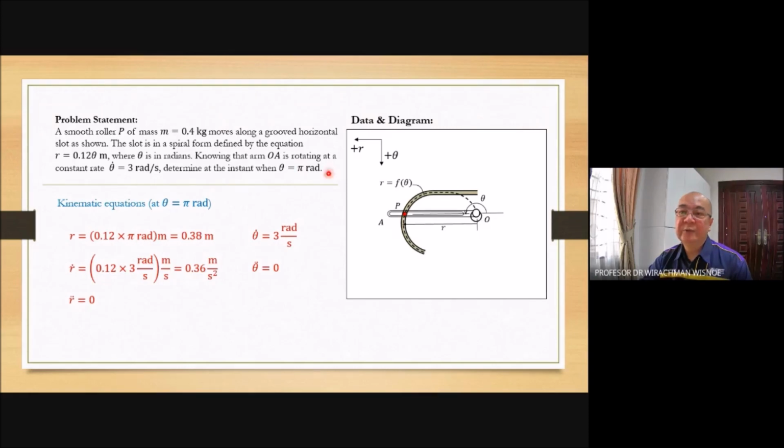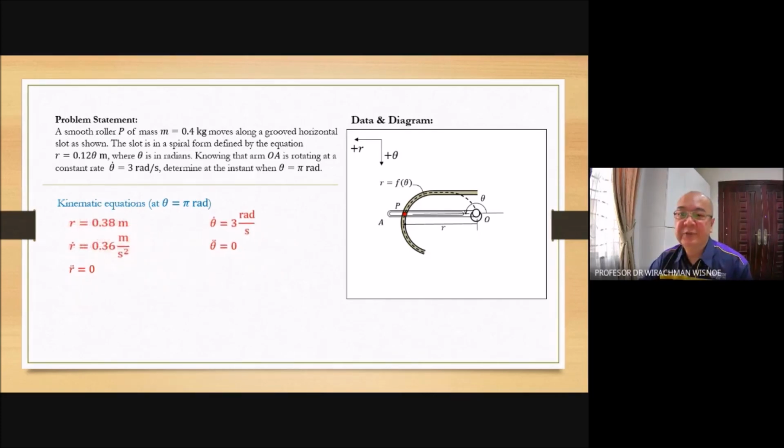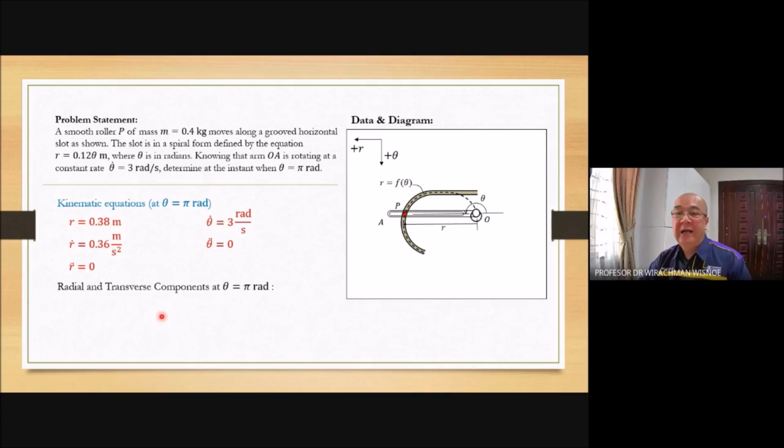When theta equals pi radian, you obtain r 0.38 meters. You put the value of theta inside the r dot, also you have this one. So I have these values. Now I'm going to write the radial and transverse components when theta equals pi rad. a_r equals r double dot minus r theta dot squared.